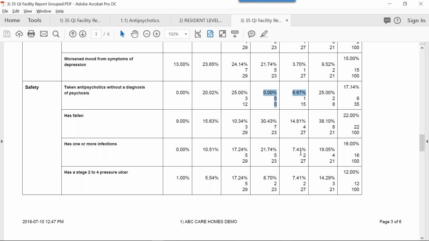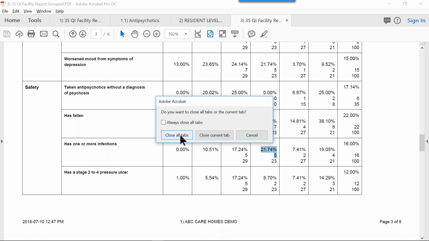You can see here that this one is okay. It's below the provincial average. However, these other units are all well above the provincial average. Okay, so even though my facility average is 16%, I've got units that are closer to 22% here. So another report that's very, very useful in trying to focus in on where your problems are.